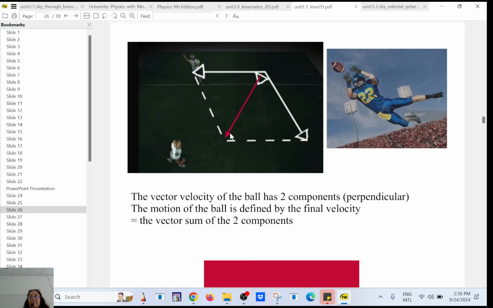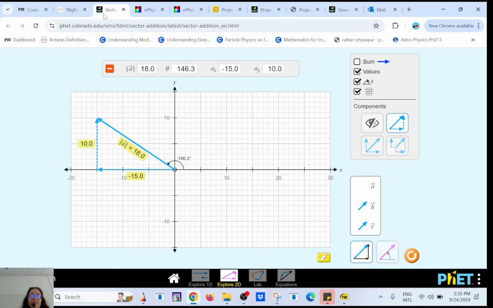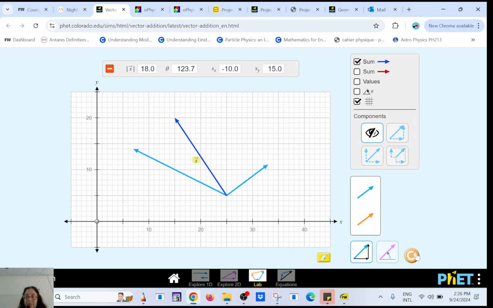So next unit, we're going to learn about that. Let me just introduce. So this is called adding vectors. So if I take one vector here, so let's say the player is moving in this direction. Do you agree?